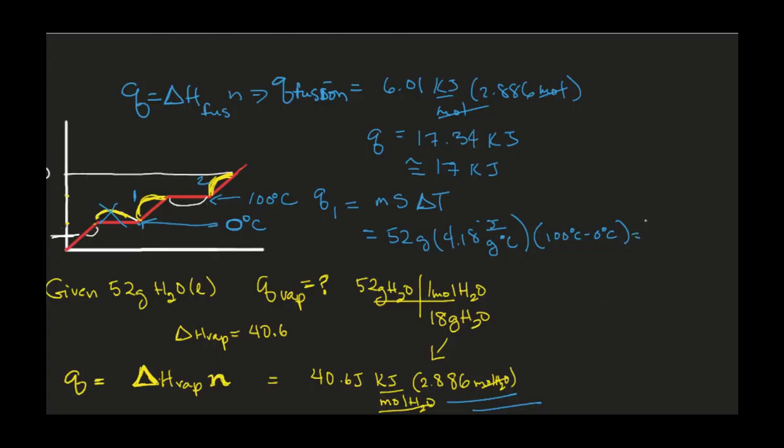Okay. Right, I got 21,736. Okay, and how many sig figs were given? We have technically 1 sig fig in 100, right?